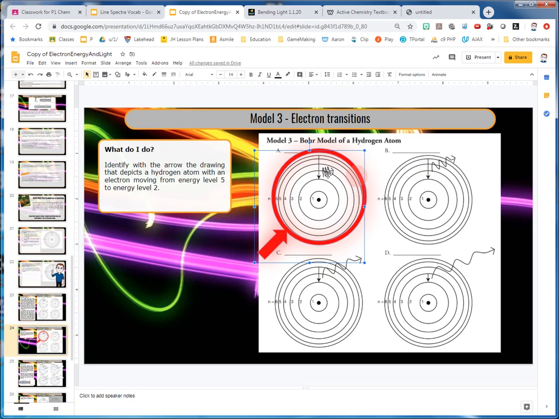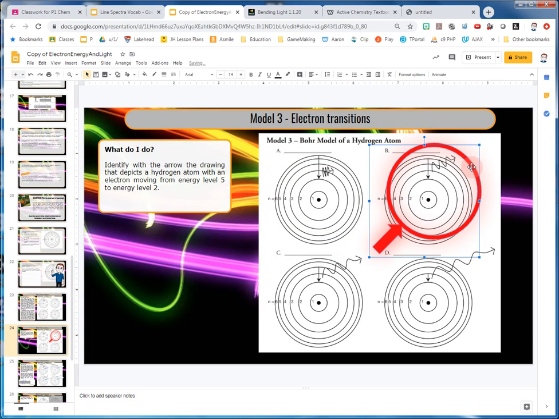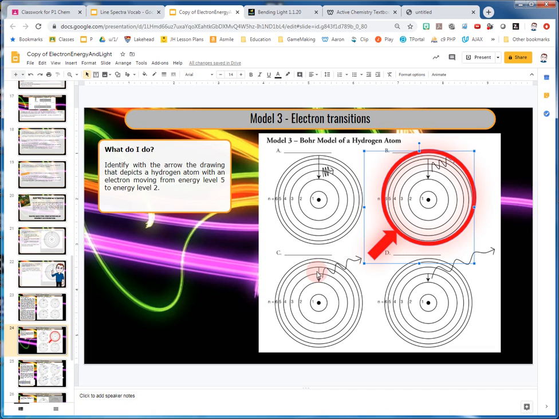Oh, they're all going in, aren't they? Well, which one is 5 to 2? Fortunately, they're numbered. This one is 5 to 2. Oh, well, this is it then, I think. Let's take a look at least at one other one. This one is level 4 down to level 2. So yeah, I think this is it, this one over here.